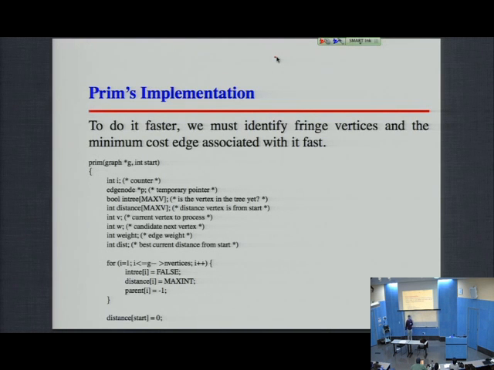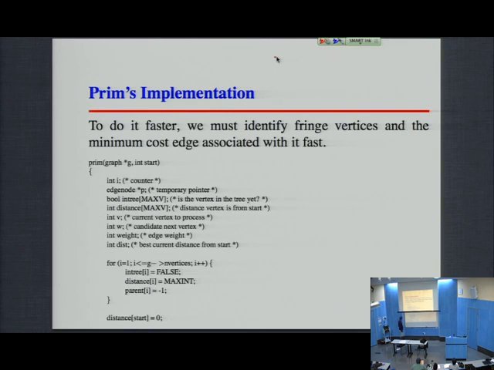Does everybody see that? And so these are n rounds of finding the minimum way to link another vertex in, and then figuring out the consequences by updating these distances for any vertex we have found a cheaper way to get into the graph. How many people are with me? Any questions about it? Okay.